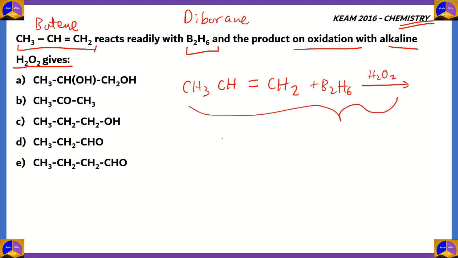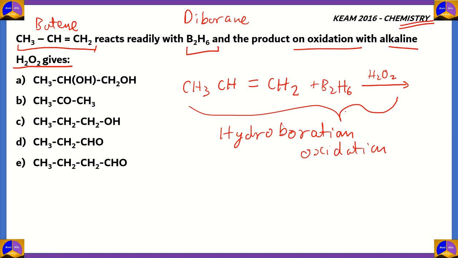Now this reaction is what we know as hydroboration oxidation. And hydroboration oxidation means that butene gets oxidized into an alcohol or an aldehyde.